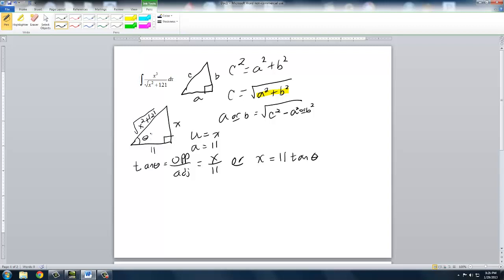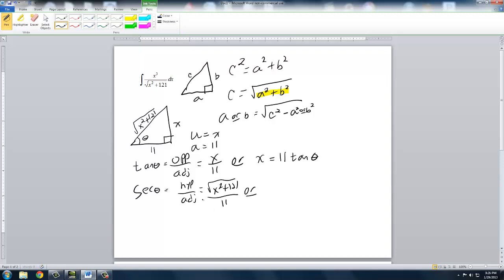The problem is that with cosine, this part is going to be on the bottom, because it's adjacent over hypotenuse. But we want this on the top, so we can just move the 11 over. What we really want is secant. Secant of the angle is equal to the hypotenuse over the adjacent side, which in this case is the square root of x squared plus 121 over 11. And this is equal to secant theta.